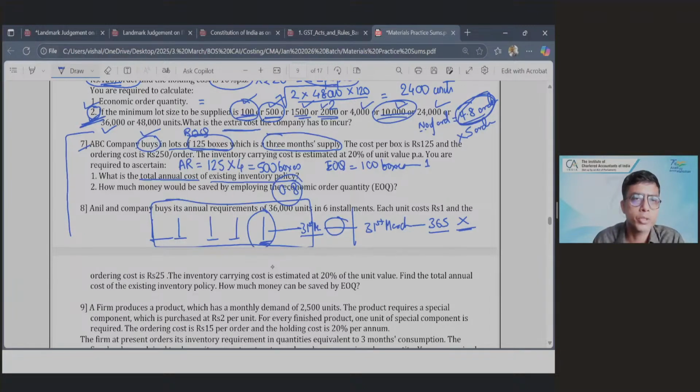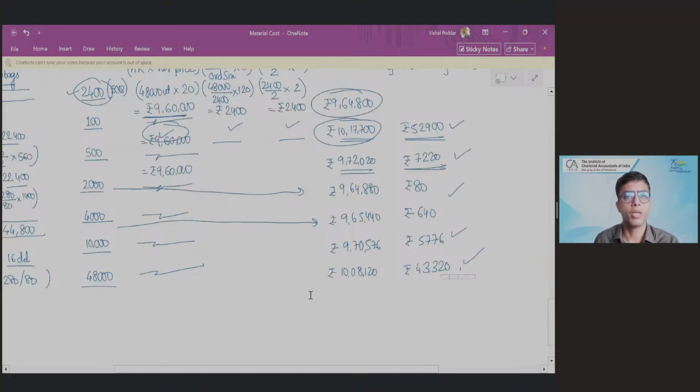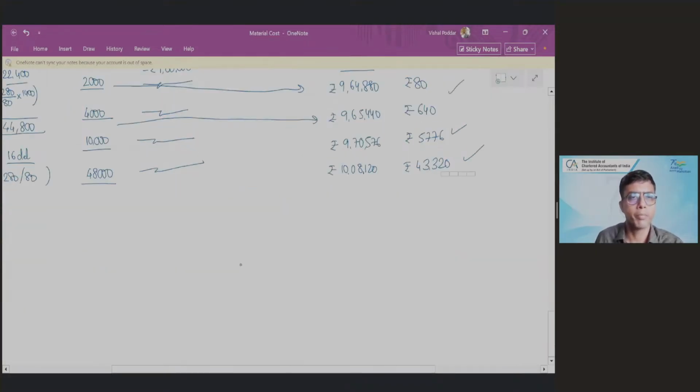And then the second question is how much money could be saved by using the EOQ? So basically you will be repeating this same working, students, firstly for the present inventory policy, which is 125 boxes.